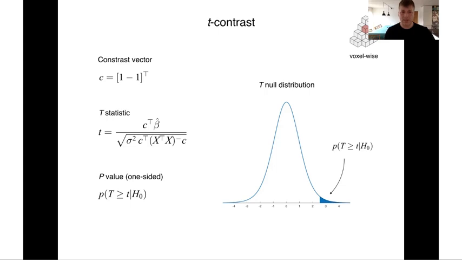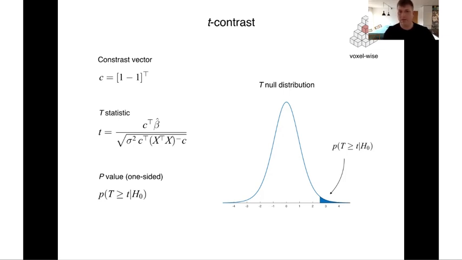But this t-statistic is then used to evaluate the probability that the effect T is equal to or greater than the observed T that we estimated under the null hypothesis. And if this probability is small enough or below some alpha threshold, say 0.05, we could declare the effect significant.